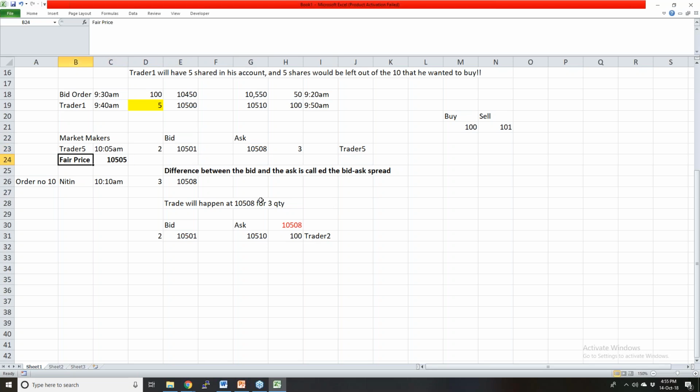What is fair price? It's difficult to say what fair price is, but fair price is something that you deem to be the correct price of an asset with respect to the monetary unit. If I am selling, say, apples, the fruit, and I'm buying them at $10 for 1 pound, then I'm buying it because I think that is the fair price.